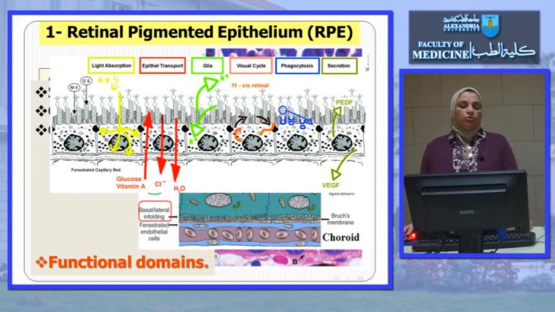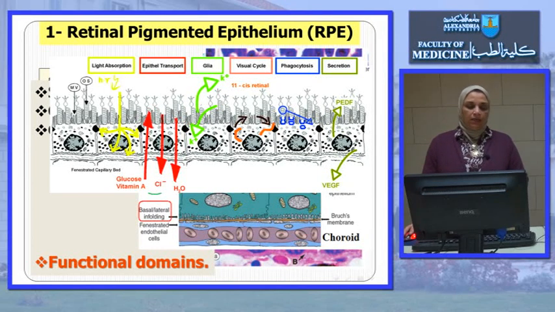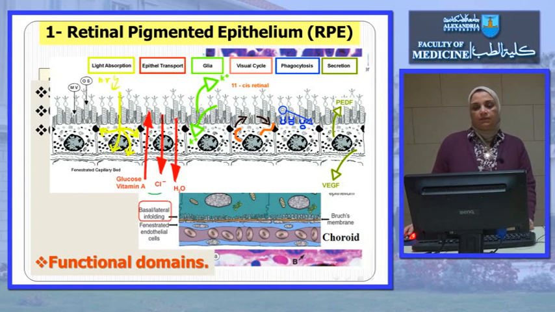We know that basal foldation means adaptation for ion transport, so there is exchange and ion transport through the foldation in the basal layer. Beneath it, outer to it, is the choroid containing the blood vessels, while the apical part of the retinal pigmented epithelium contains multiple microvilli, and here they are in contact with the outer segments of rods and cones.